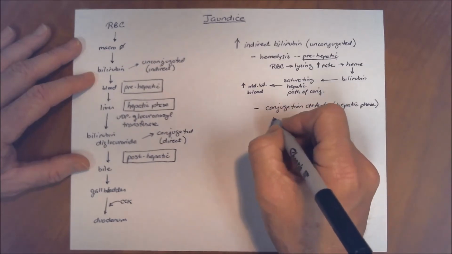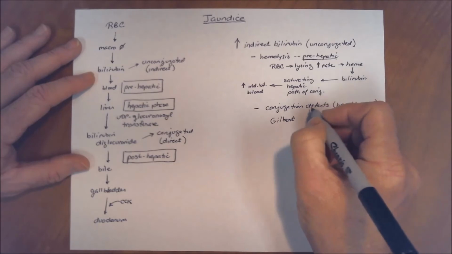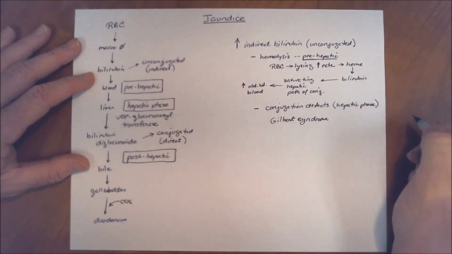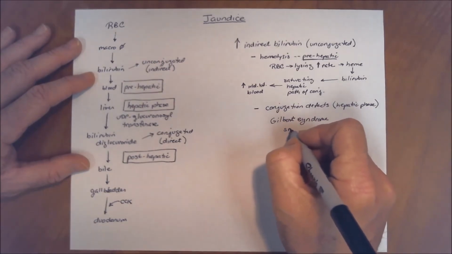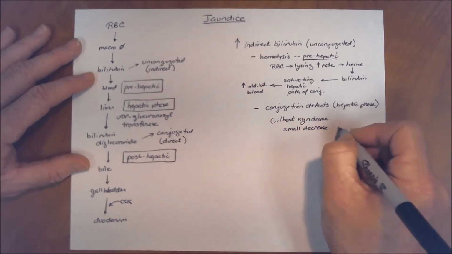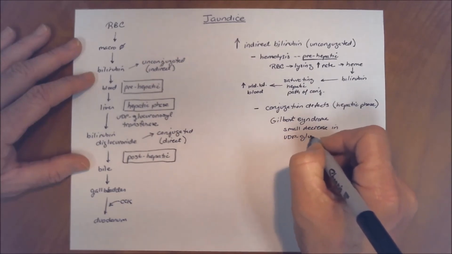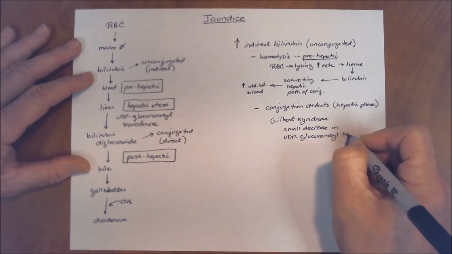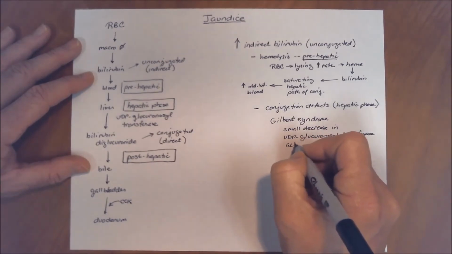There are two genetic disorders. One is called Gilbert syndrome, and Gilbert syndrome is a small decrease in UDP glucuronosyltransferase activity.